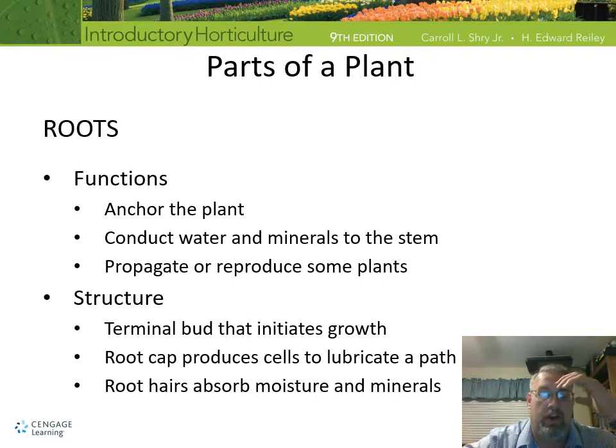The nutrients are needed throughout the plant depending on what nutrient and depending on what need the plant has. These nutrients have to be moved through the plant, and the roots are where that all starts.